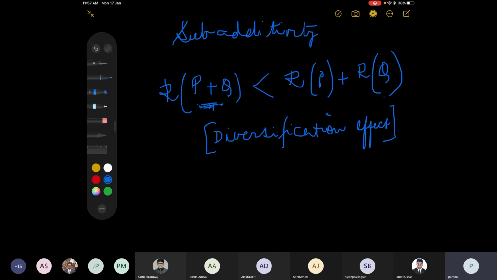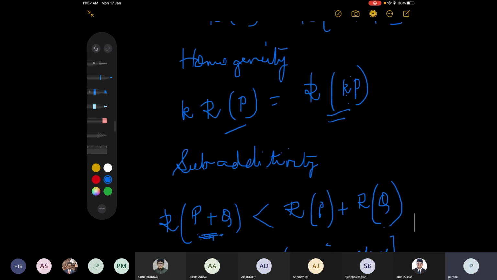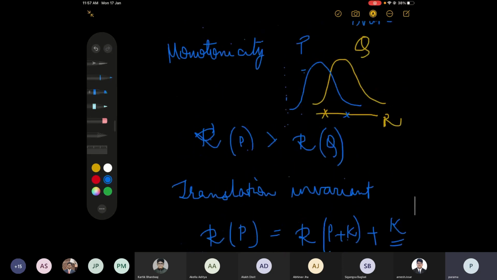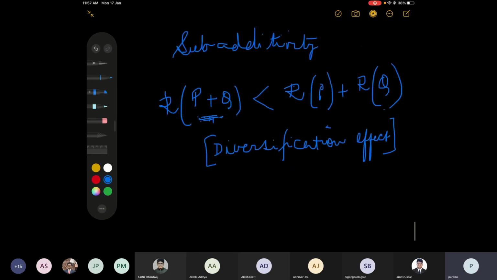Both VaR and CVaR follow the other properties, but only sub-additivity is not followed by VaR; it is followed by CVaR, and that is why CVaR is supposed to be the most robust measure of risk.